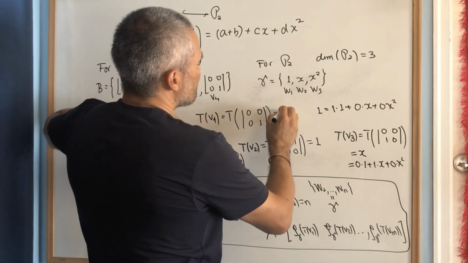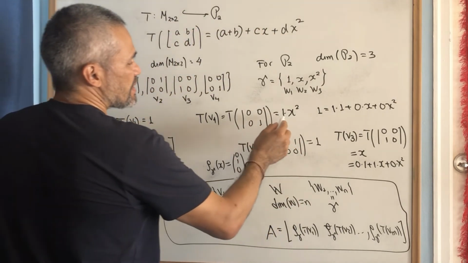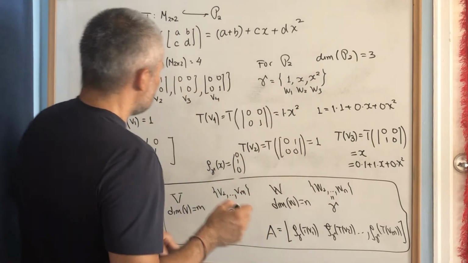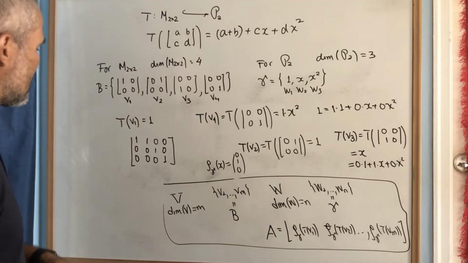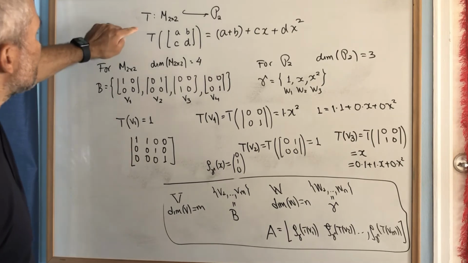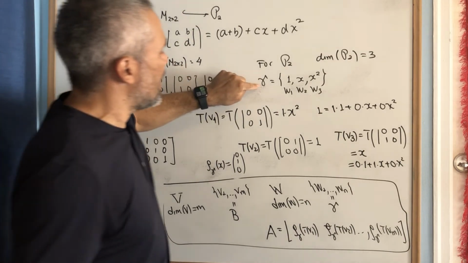And then I get 1 times x squared. And clearly, the representation of this vector with respect to this basis is just the vector 0, 0, 1. That means that this matrix is the representation of this transformation with respect to this basis and this basis.